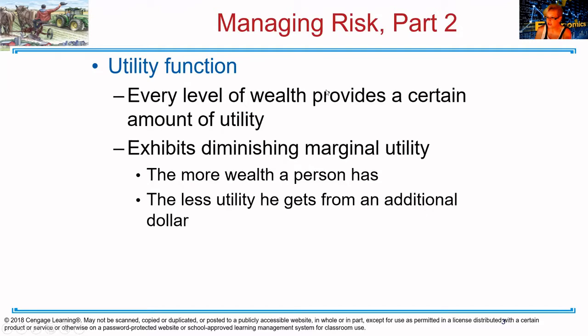Now the utility function, and remember the law of diminishing marginal returns. One of the things we know in economics is that people have loss aversion. This means that we feel it more when we lose money versus gain money. When I say we feel it, we have a greater sensitivity to losses than to gains.